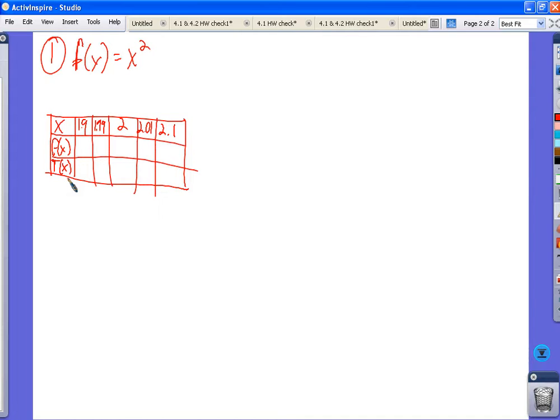So what's the value of f of x at 2? 4, right? 2 squared is 4. Let's go ahead and fill these in. That's 2.01 squared. 4.04.